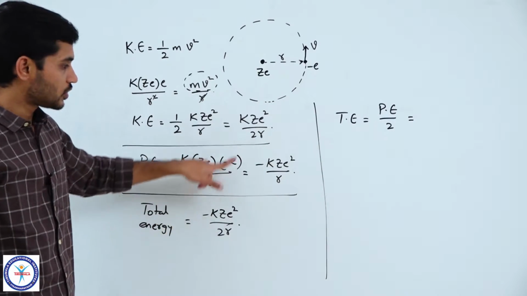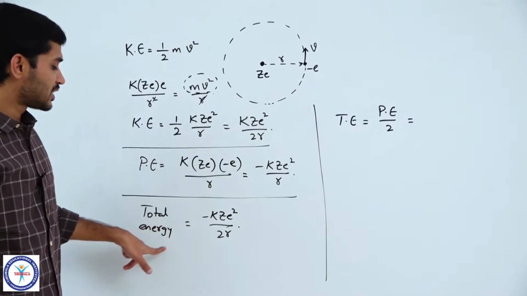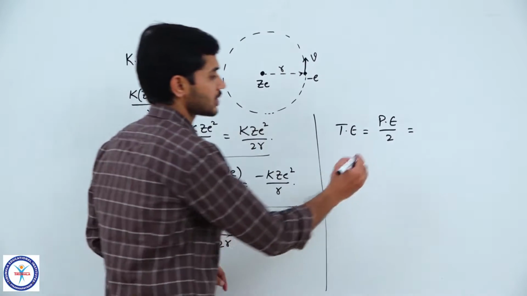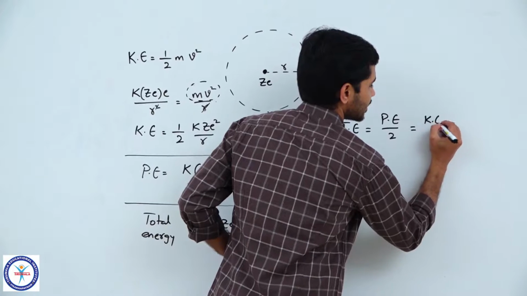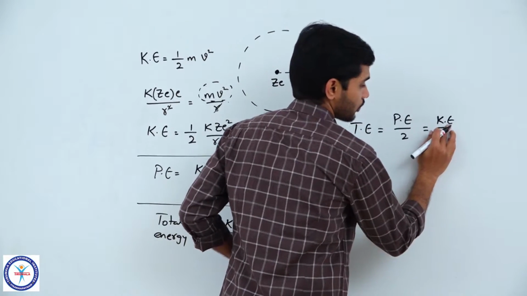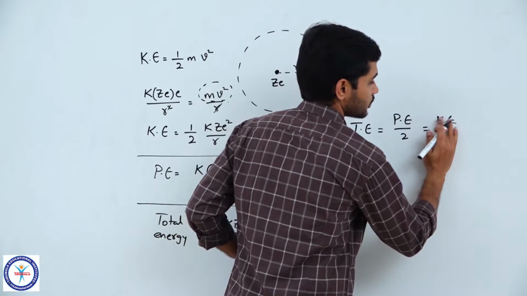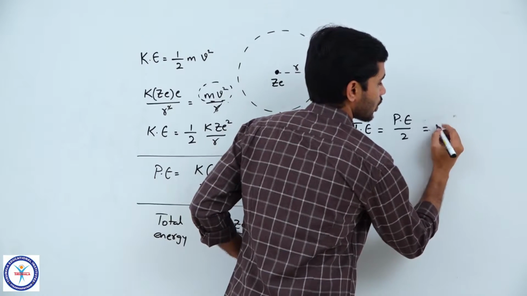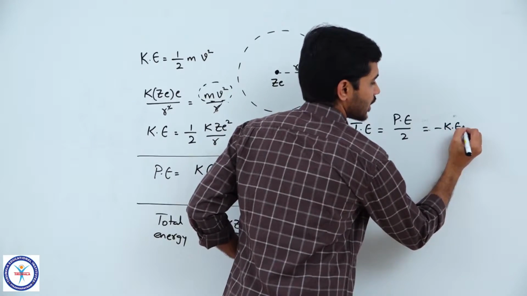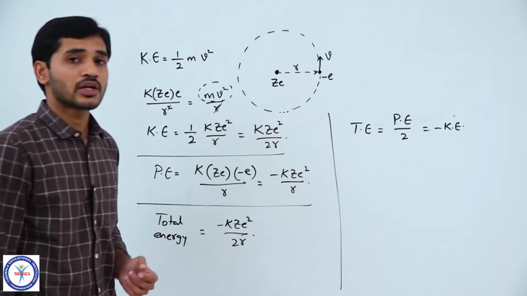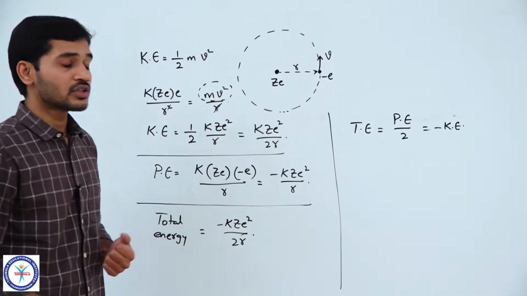The magnitudes of these two are the same, total energy is just negative. So, I can write this as T equals U by 2 equals minus K.